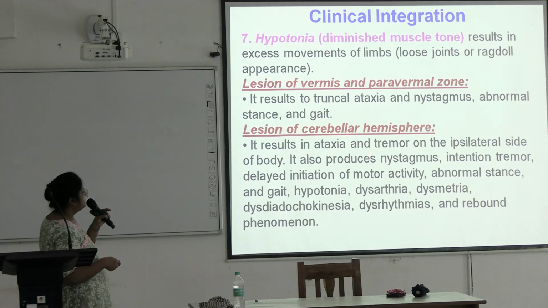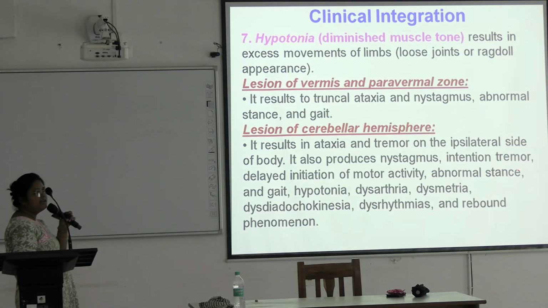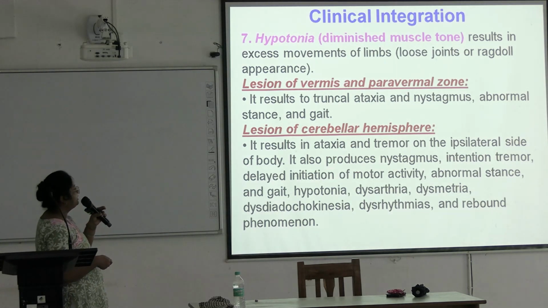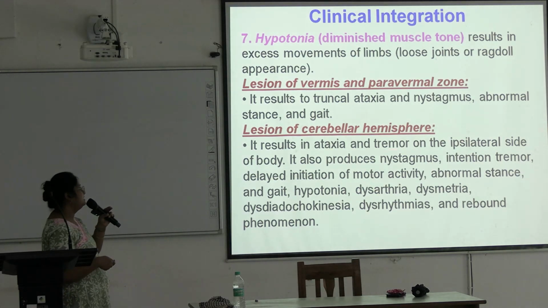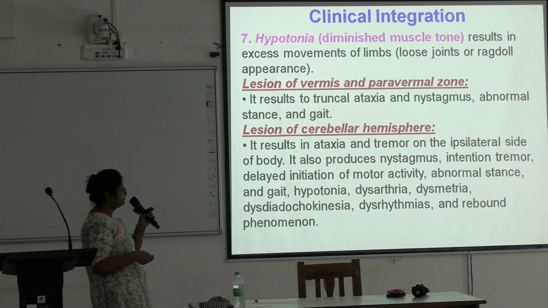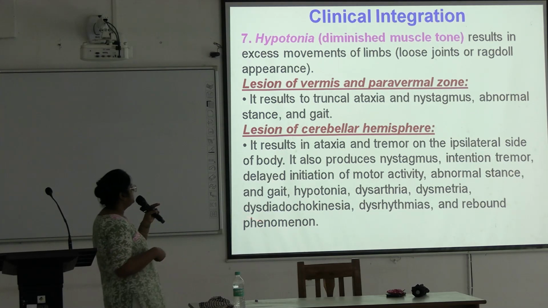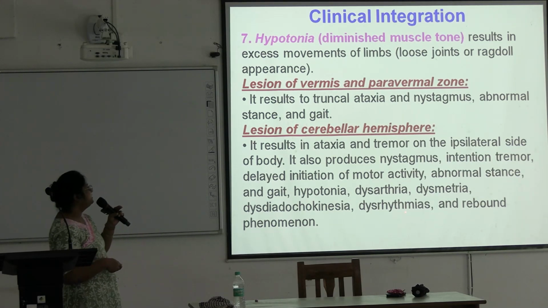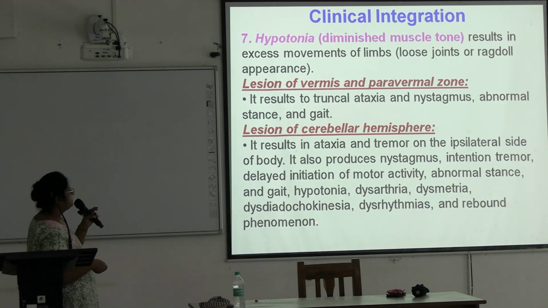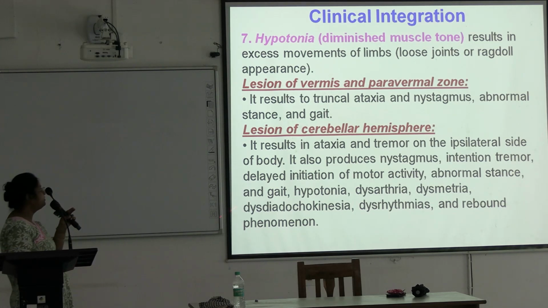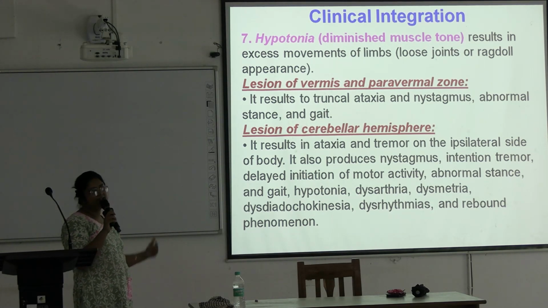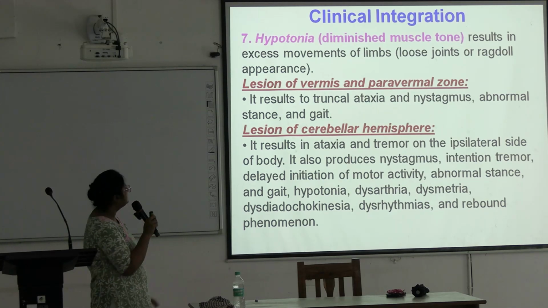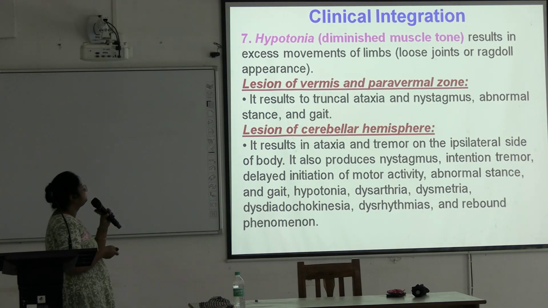It results in ataxia and tremor on the ipsilateral side of the body. It produces nystagmus, intention tremor, delayed initiation of motor activity, abnormal stance and gait, hypotonia, dysarthria, dysmetria, dysdiadochokinesia, rebound phenomenon. All those lesions of the neocerebellum and others will be seen in lesion of the cerebellar hemisphere.